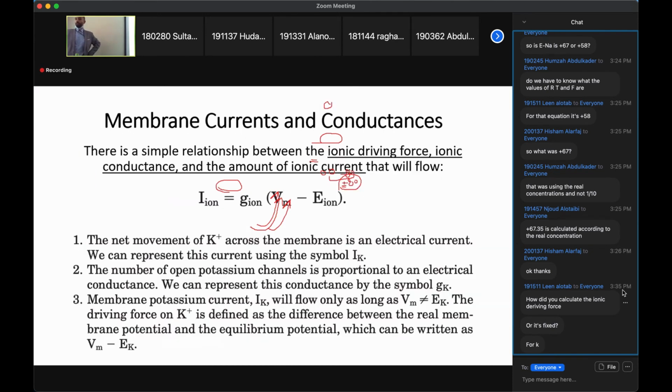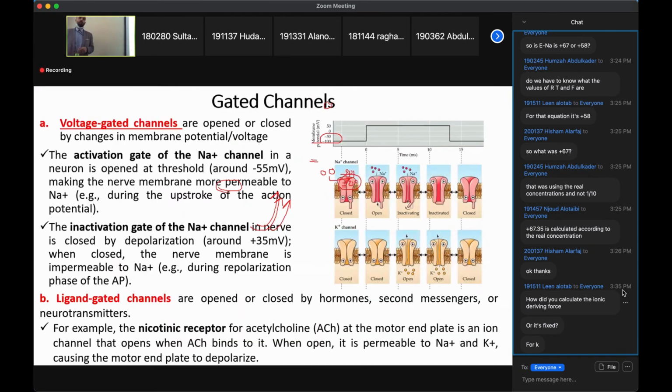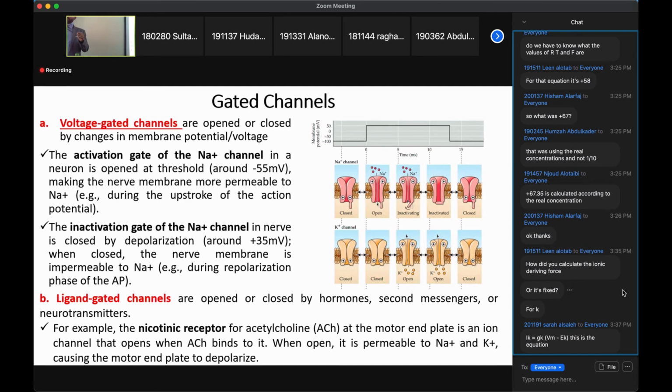They matter because they represent conductance, okay? Without them opening, there would be no conductance, okay? So basically, one of the properties of the voltage-gated sodium channels is that they activate when the membrane is at threshold of negative 55 millivolts, and they become inactivated when the membrane reaches a value of positive 35 millivolts, okay?